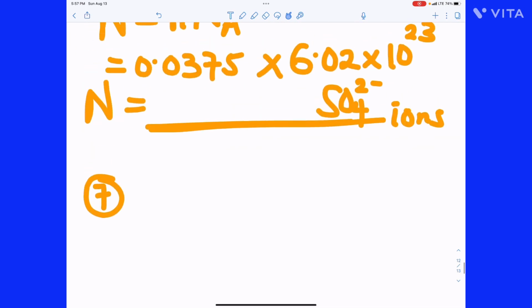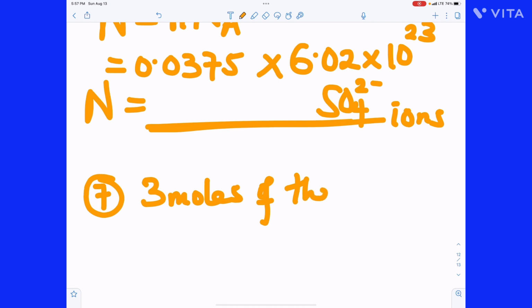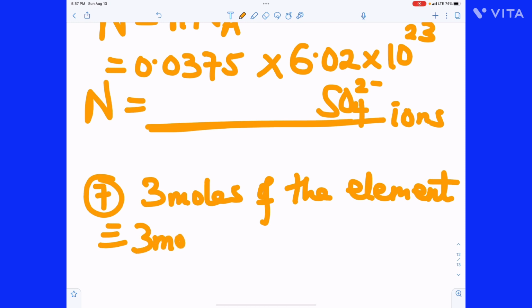That's a simple question. First thing, 3 moles of the what? The element. That statement means the same thing as 3 moles of oxygen.